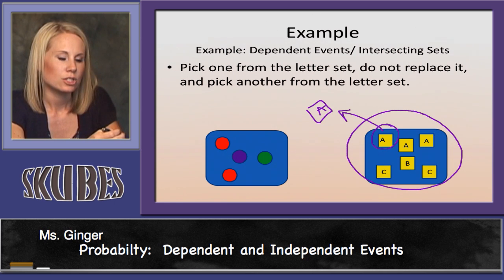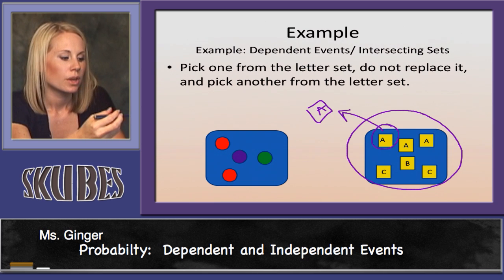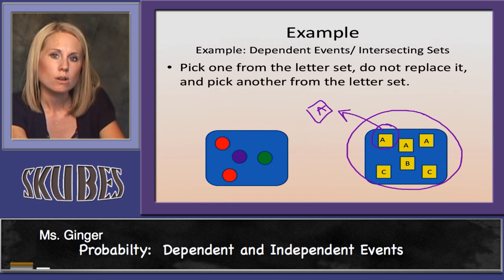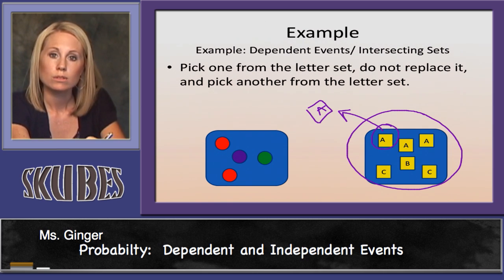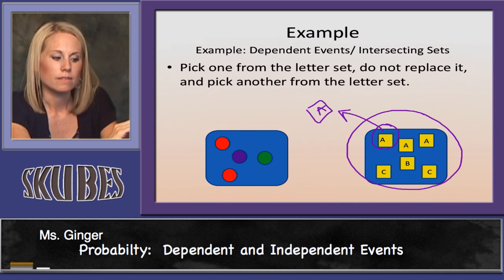When I do that, that changes the amount of letters of whichever one I drew out of the box. And it also changes the total amount that are in there. So that's why my second draw is going to be affected by the first draw, no matter what happens, because I'm not replacing it. So we call that dependent events.